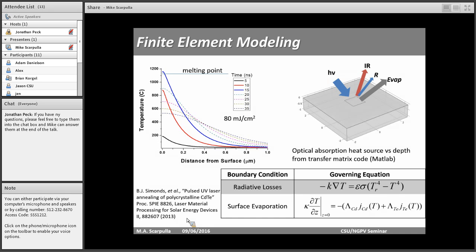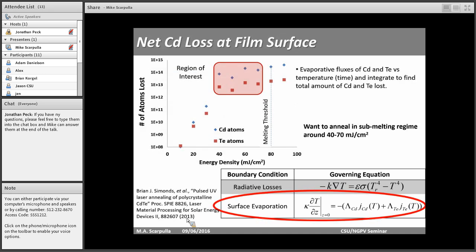And because we incorporated that surface evaporation term, which has some vapor pressure constants and then the flux of leaving species, we could actually predict the numbers of atoms lost as a function of the pulses from the ultraviolet laser and the energy density in each pulse.